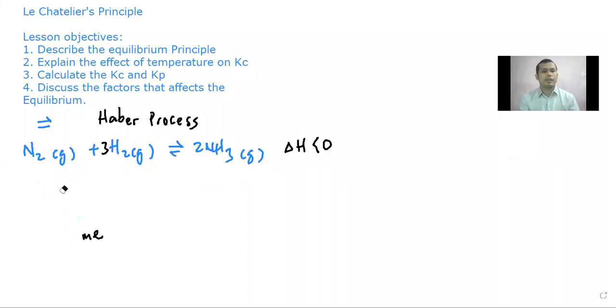Definitely we can consider that all the substances on the left hand side are called the reactants. And the ones on the right hand side are called the products. So the reactants and products, right?